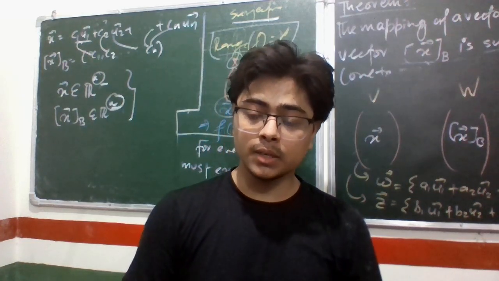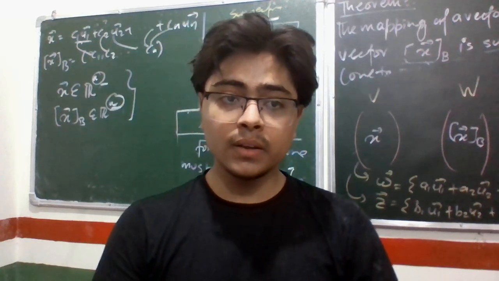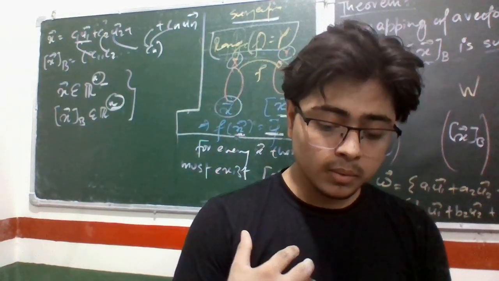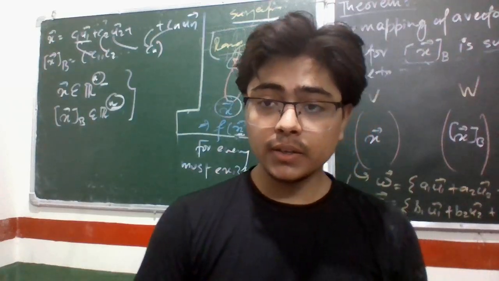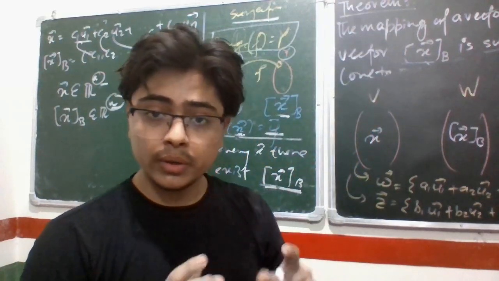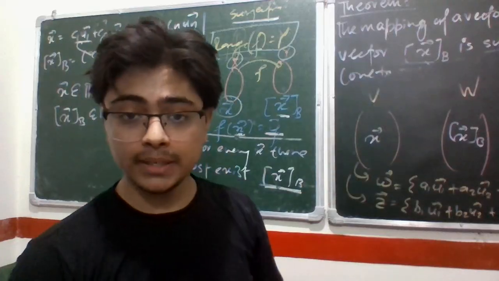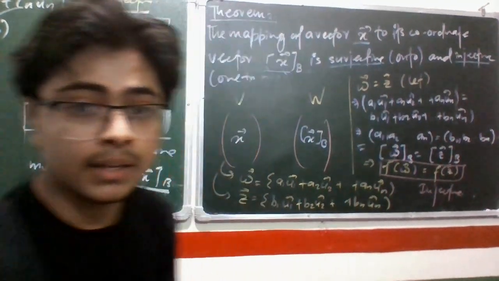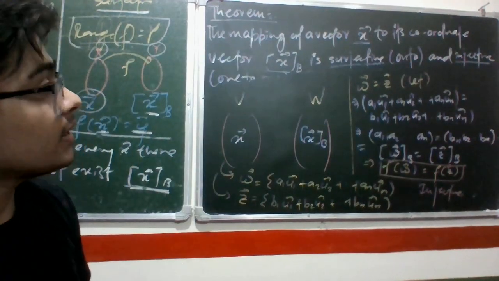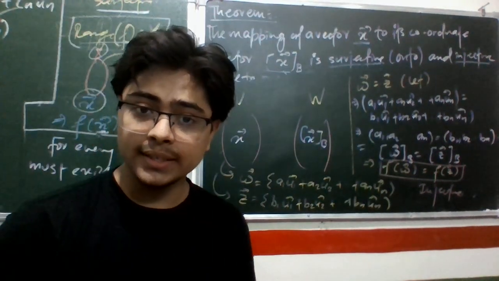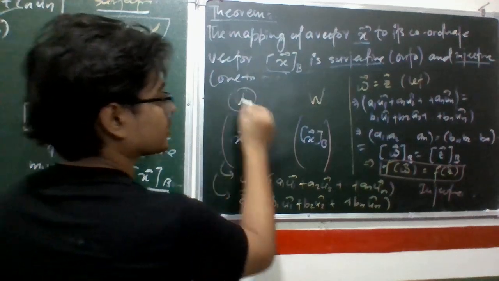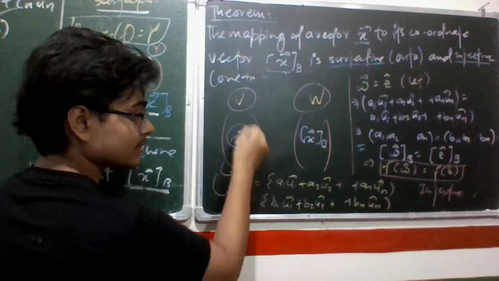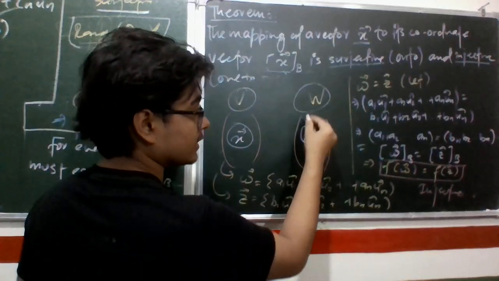I know I made a little bit of a mess here and there, and I couldn't explain it as clearly as I wanted to, but if you didn't get it, I am going to explain the injective case one last time. So what we are essentially trying to say here is we have two vector spaces V and W, and let's suppose the V vector space contains x and W contains this coordinate vector.